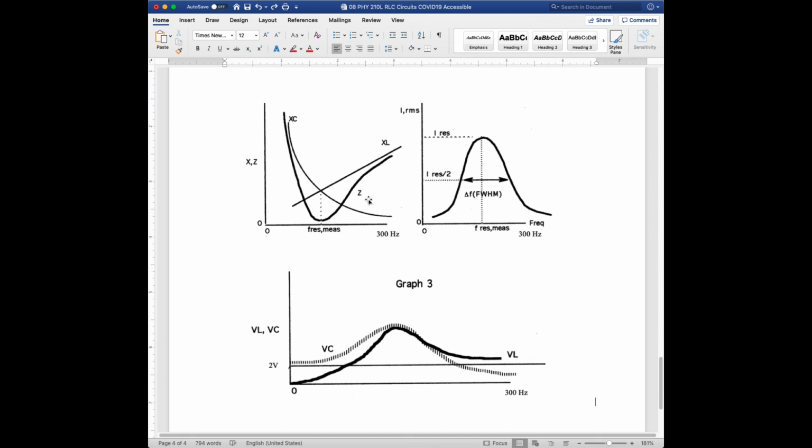So we're going to calculate those, and I'll show you the calculation for them. And then this third graph here is going to be V sub L and V sub C as a function of frequency. So the bottom graph and the one on the top left, you can just plot them as a function of frequency. But the one on the top right, I would plot as a function of omega.